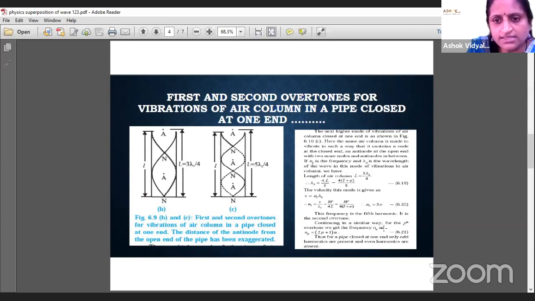Similarly, for the pth overtone we get the frequency NP as NP is equal to (2P plus 1) N. Thus, for a pipe closed at one end, only the odd harmonics are present and even harmonics are absent.